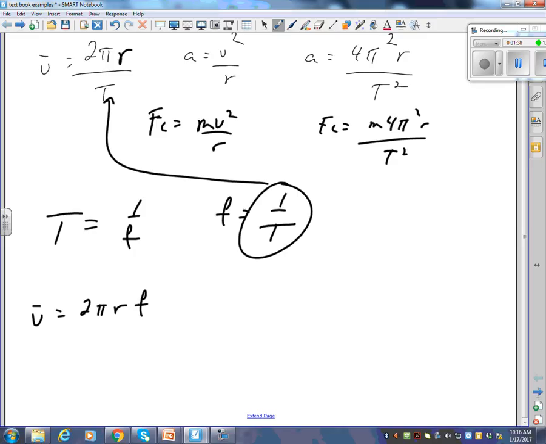Times f. So all that does is eliminate that one step, that flip. Instead of taking the frequency and going 1 divided by the frequency to get the t and then putting it in, you can just use that formula as a whole. Does that make sense?